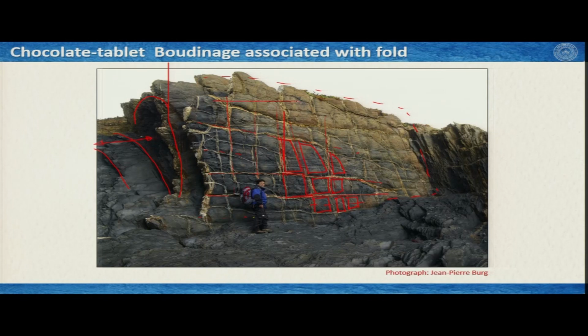This could be your x or y, and this could be your x or y, and of course, the perpendicular direction, the direction the person is looking at here, is the direction of z, along which the fold has formed, or along which the bulk compression came to generate the fold.